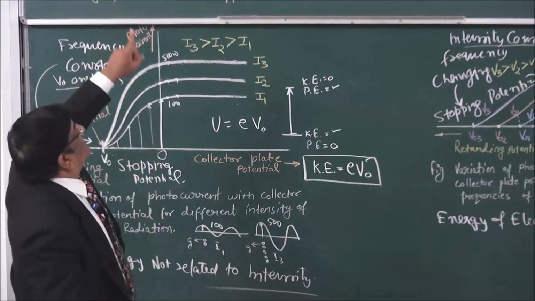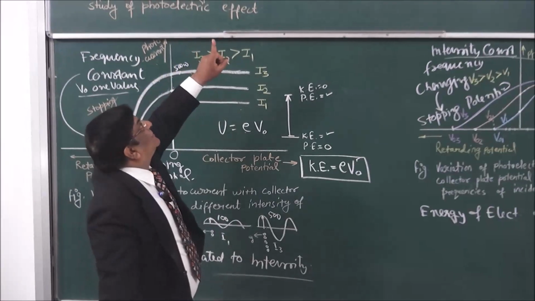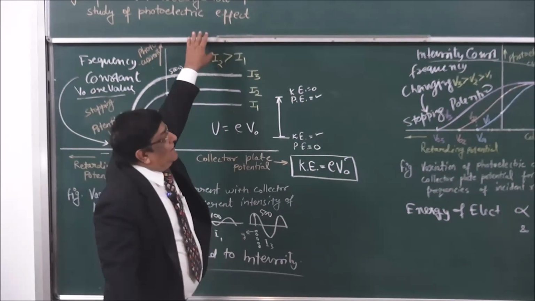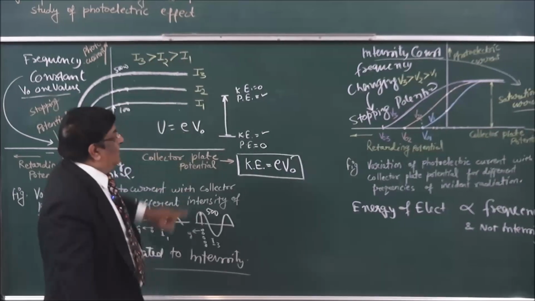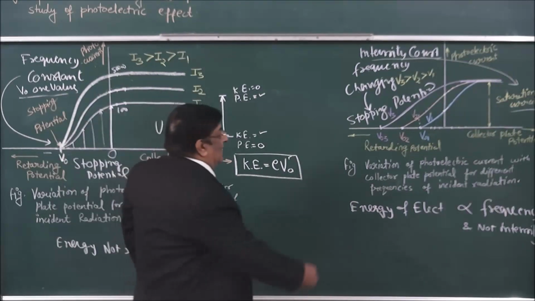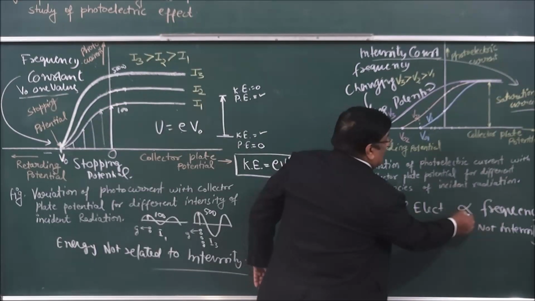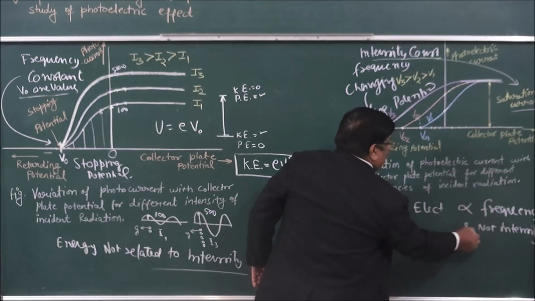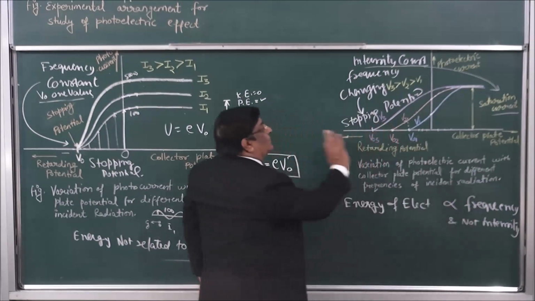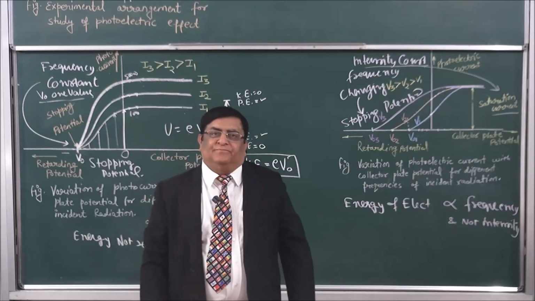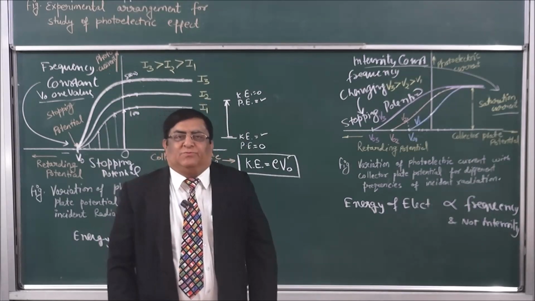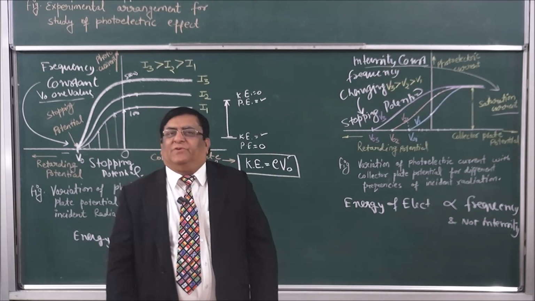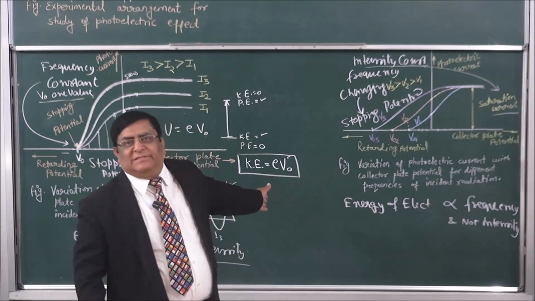This was proved by this experiment. So Hertz and Lenard's experiment, what is the result it has given? It has given that energy of electron is proportionate to frequency and it is not related to intensity. So this was a milestone which proved this result.